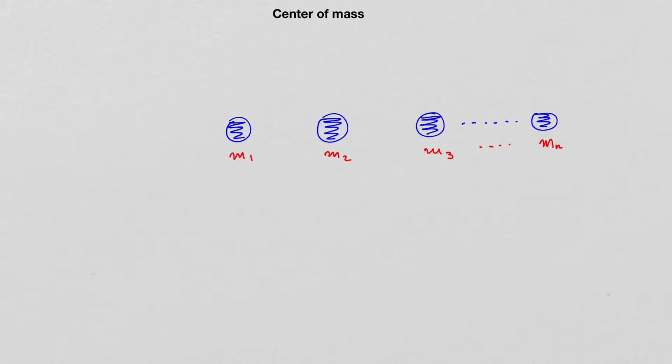I'm going to discuss a one-dimensional case here because it's the easiest to sketch, and a three-dimensional case will be just a generalization of the one-dimensional case. I'm also going to introduce a one-dimensional coordinate axis with origin at point O and positive orientation to the right. And in this coordinate system, I'm going to measure the positions of each particle with respect to the origin.